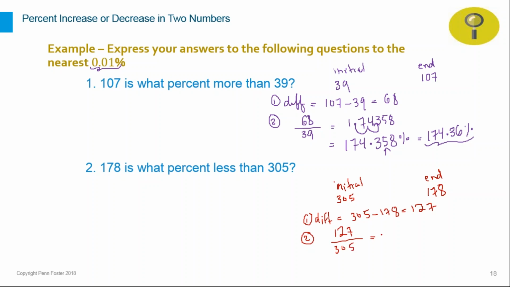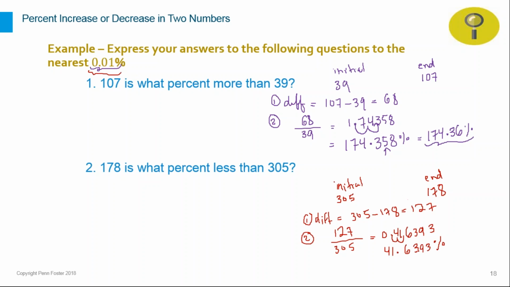That will give you the answer in decimals, 0.416393. Multiply times 100, so that would be 41.6393%.